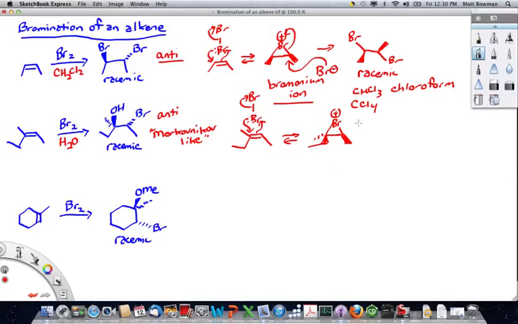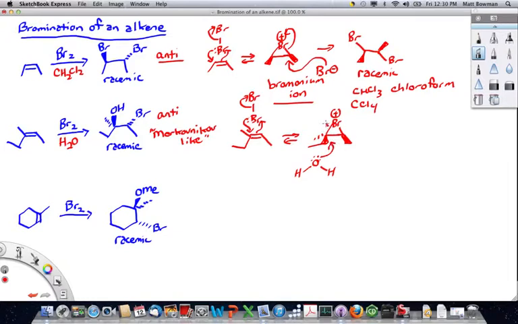Now, this bromonium is actually reactive enough for water to act as an SN2 nucleophile. And water is more prevalent in the solution than bromide is, and so water can actually outcompete the bromide and attack.